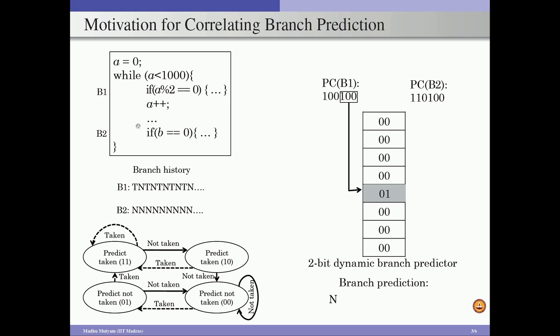After some time, branch B2 occurs. So, we index into the table using this address. Again the LSB 3 bits are the same as the LSB 3 bits of branch 1. So, here it is pointing to the same entry which is now specifying 01, but the 01 state also indicates that the branch is not going to take place. So, effectively we predict that B2 also is not going to take place.